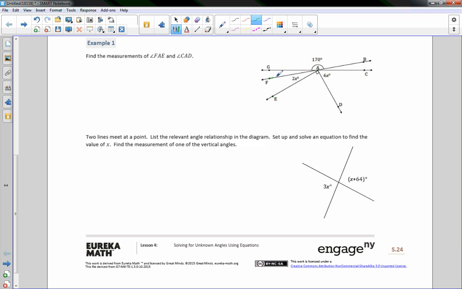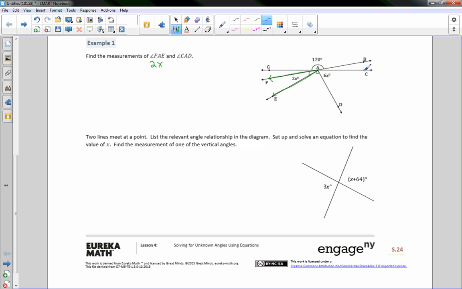So I just draw a line from F to A, and then from A down to E. So this green angle is angle FAE. So measure angle FAE is 2x.